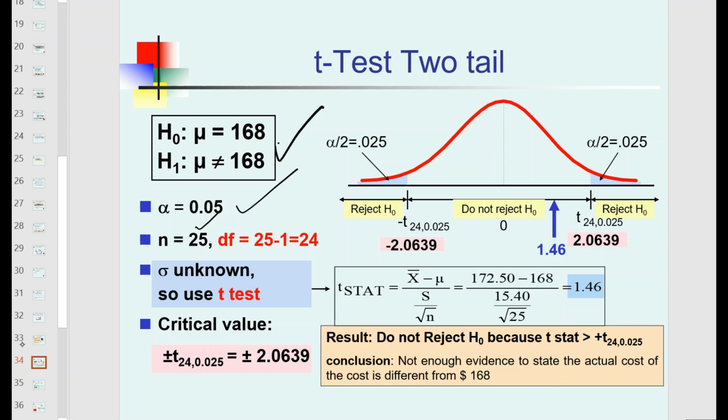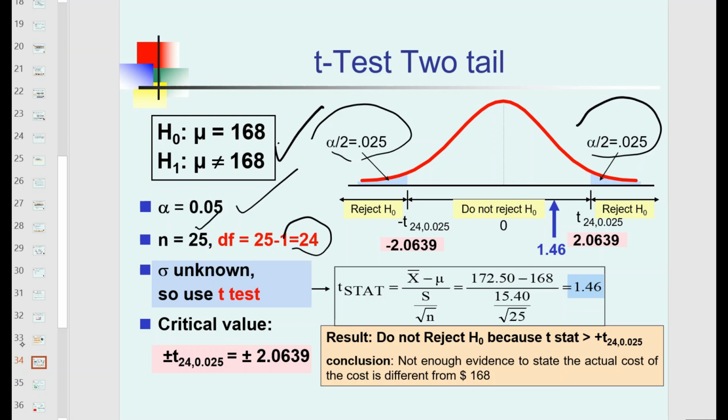Of course, the T table involves degrees of freedom, so n minus 1. Your n is 25, so the df is 25 minus 1, which is 24. Of course, this is two-tail, so remember that your alpha needs to be divided by 2 on the left side and right side here. Then you need to know this is the rejection area and acceptance area.